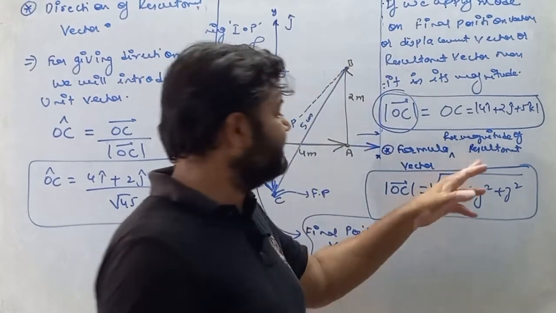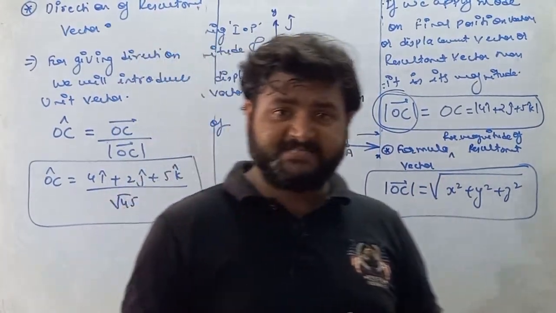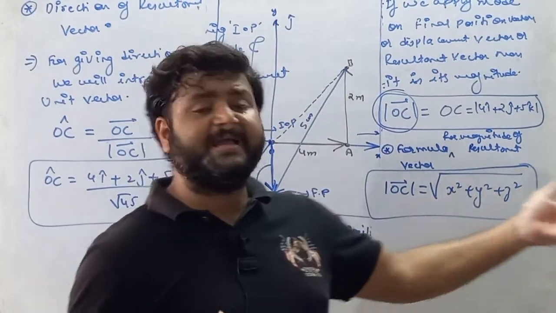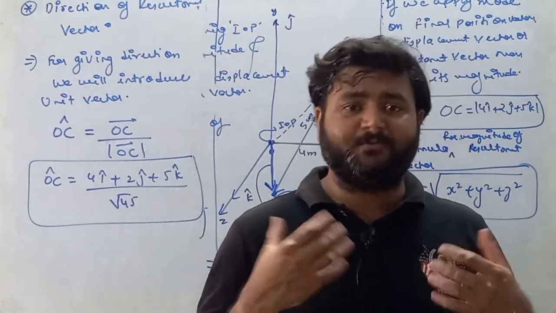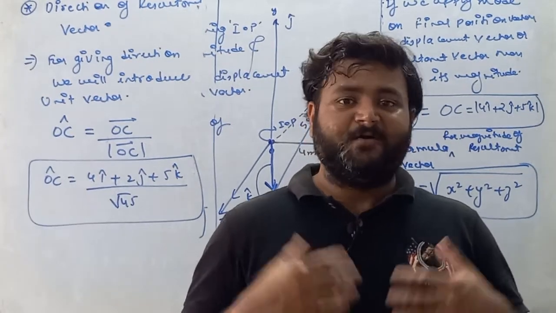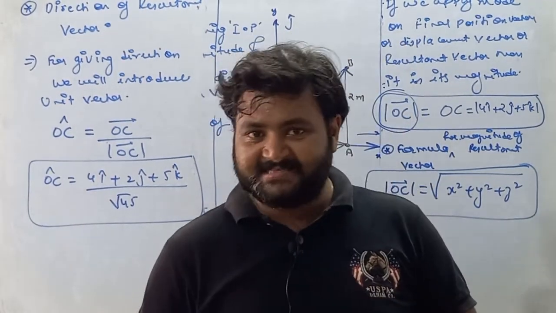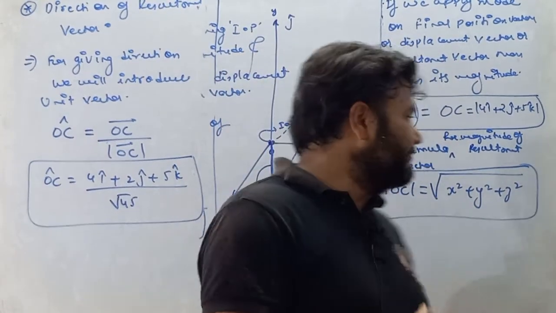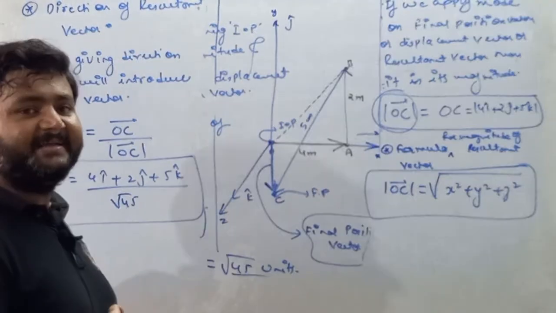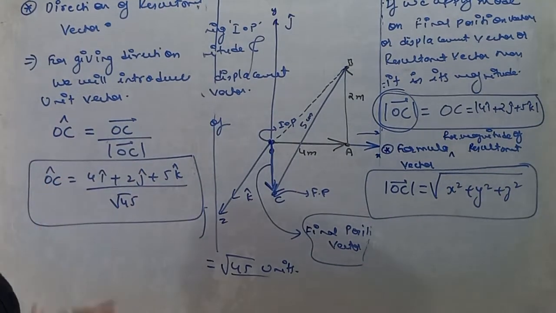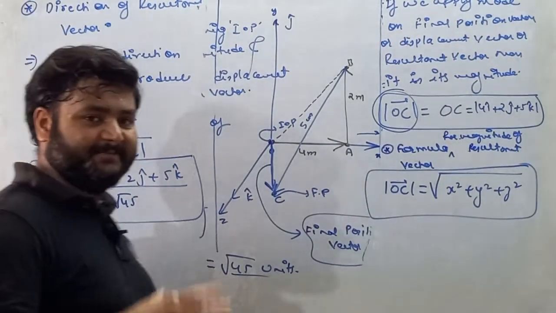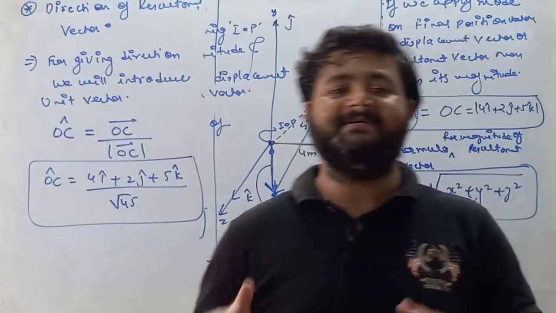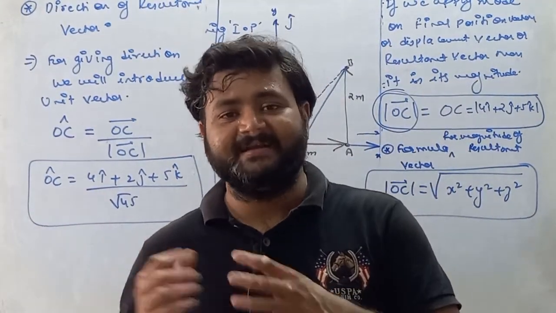It is under root x square plus y square plus z square. What is x, y and z? X is the coordinate along the x-axis, y along the y-axis and z along the z-axis. And for the unit direction of the resultant vector, we'll use the vector itself upon the magnitude of that vector, because with the help of a unit vector, we give the direction of any vector quantity.